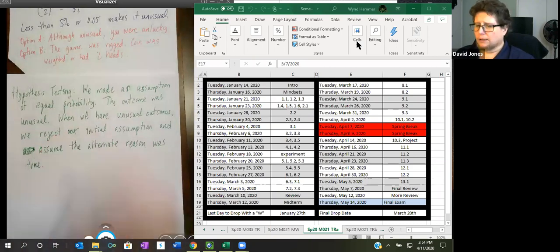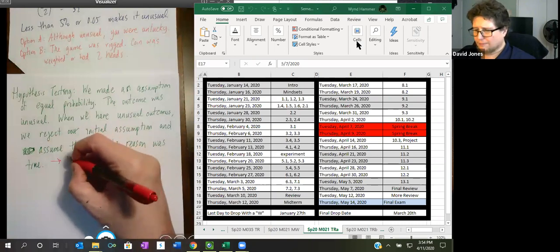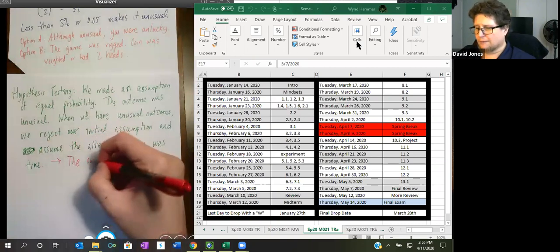So in this problem, the idea of hypothesis testing is the outcome was unusual, so you think the game was rigged.